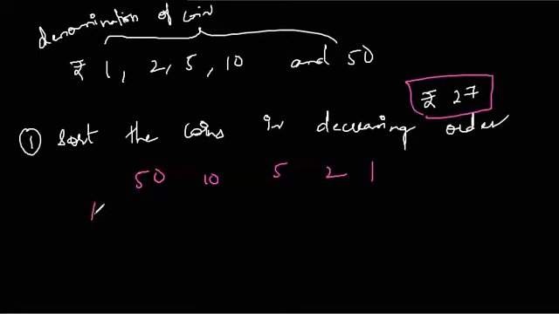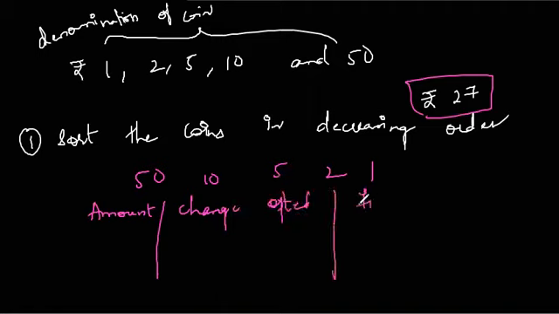We create a table with the amount, the change you are opting for, and the final amount remaining. Our initial amount is 27. For 27, can we give the coin 50? No. So I am opting for giving rupees 10.